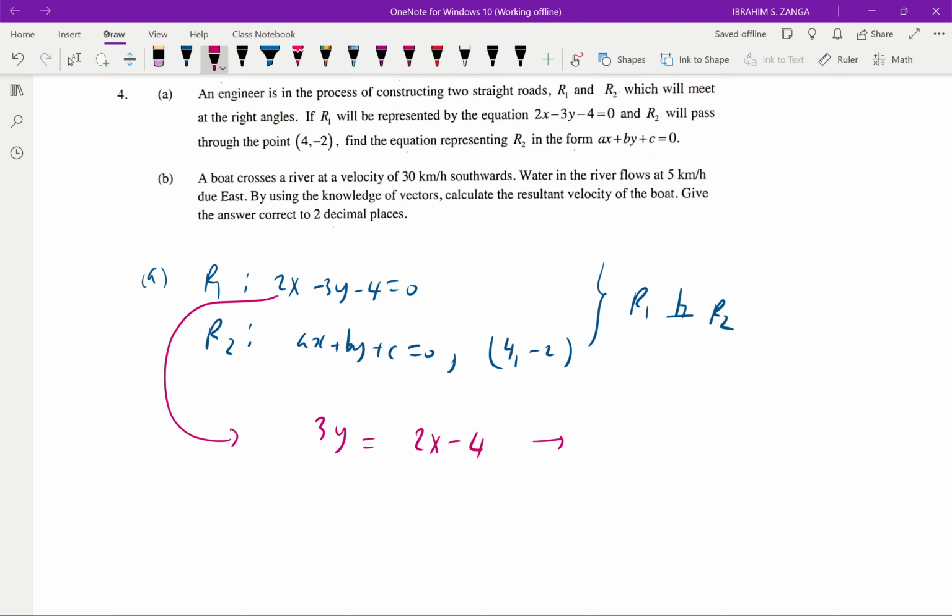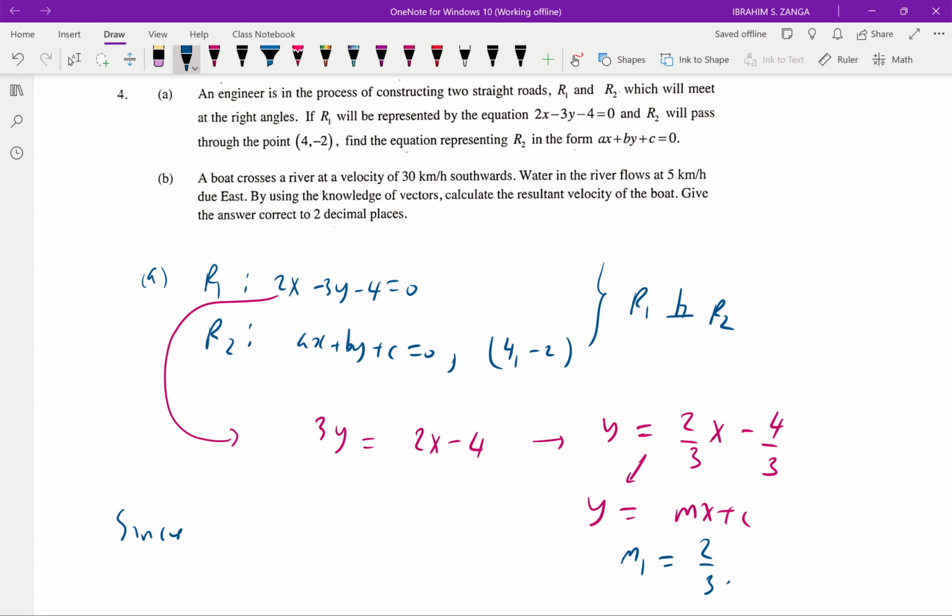You can divide now by 3 throughout, so y will be equal to 2 over 3 x minus 4 over 3. So you compare this with y equals mx plus c. You can see that the slope of Road 1, we're going to call it m1, m1 is 2 over 3.